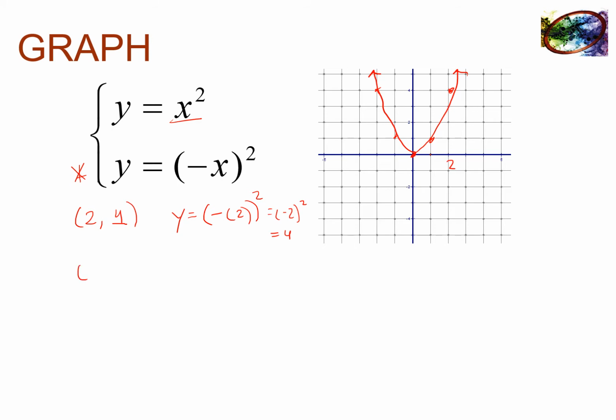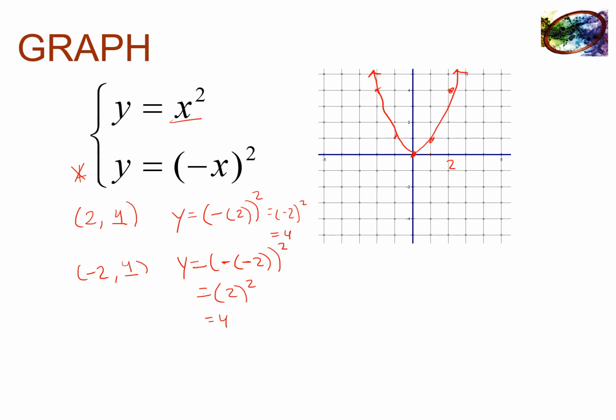If I plug in the number opposite of 2 into this second equation, it's y equals opposite, and I'm plugging in opposite of 2, or negative 2, quantity squared. Watching your parentheses, it's a minus, so it's actually going to be positive 2 quantity squared, which is 4.